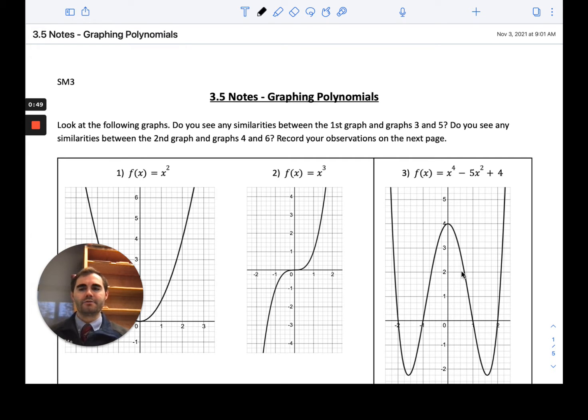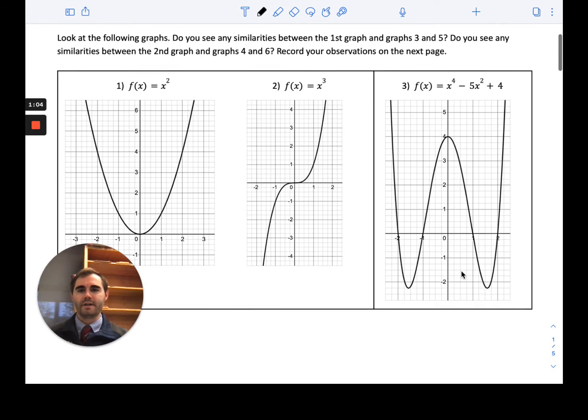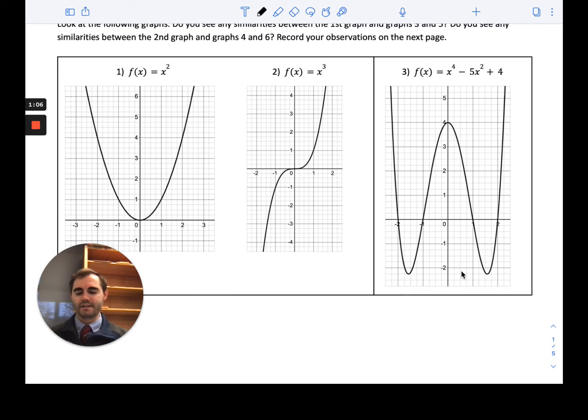So what I'd like you to do first is, hopefully you have these notes already pulled up while you're watching this video, take a look at the first graph that's on our page here. Notice that our first graph is this x squared. Let me see if I can just use a pointer here.